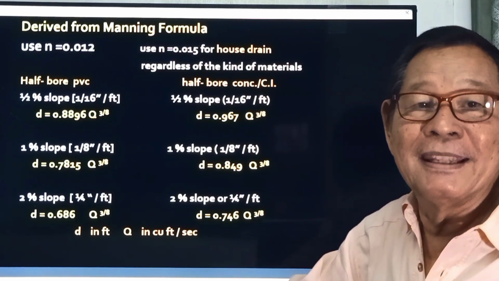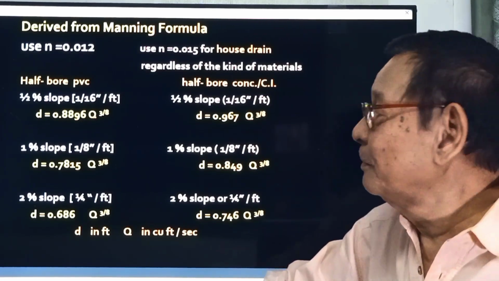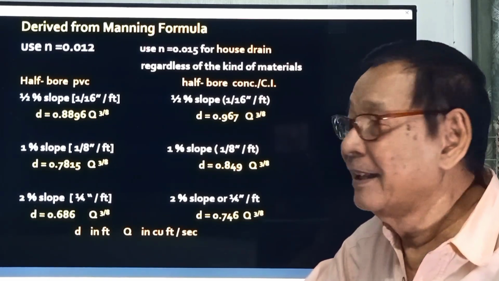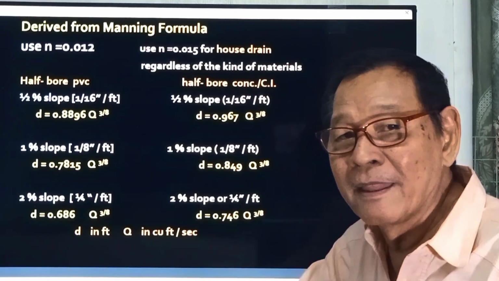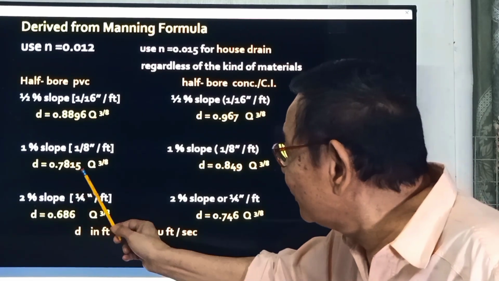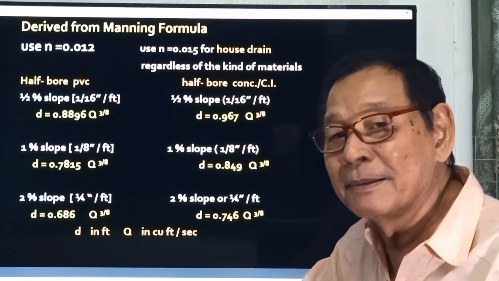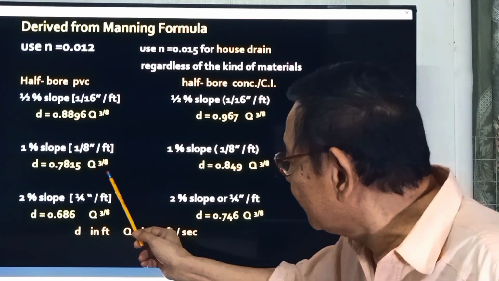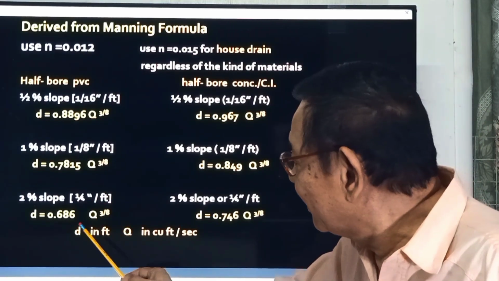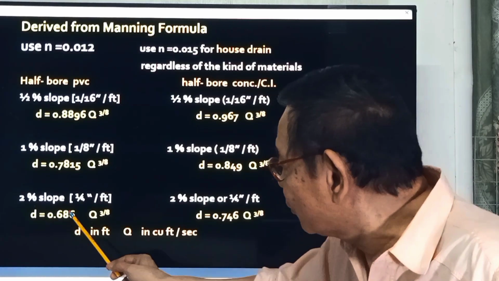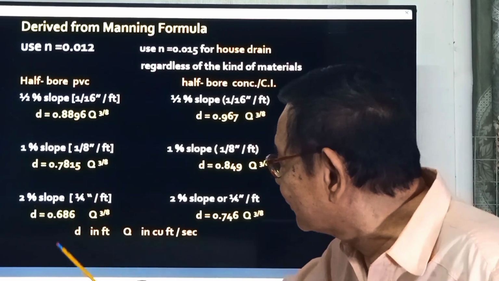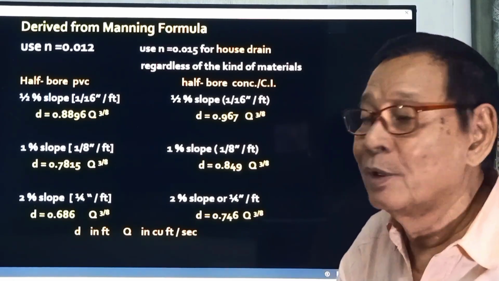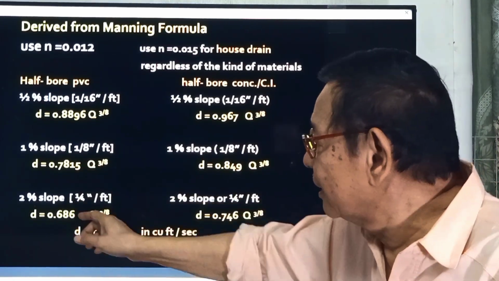But if not, you sacrifice, maybe 1%. At 1% slope, the pipe diameter is also larger. Just imagine, for the same Q, with coefficients of 0.686 and 0.87, a larger diameter is produced at 1% than at 2%.